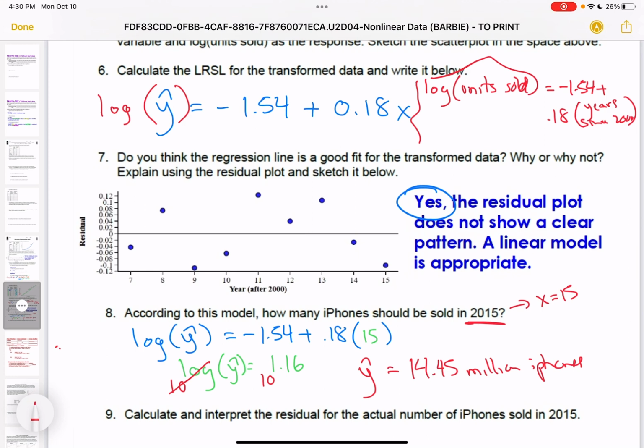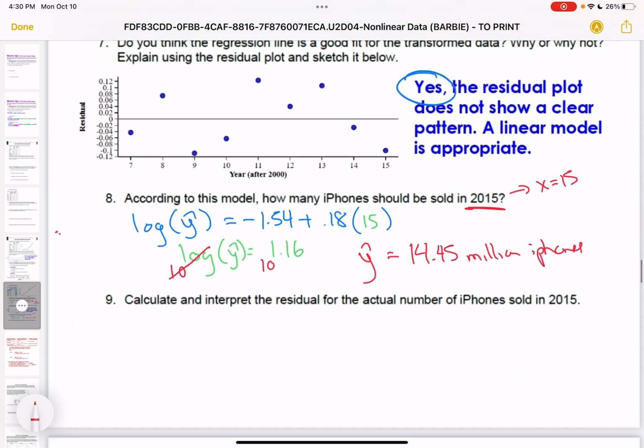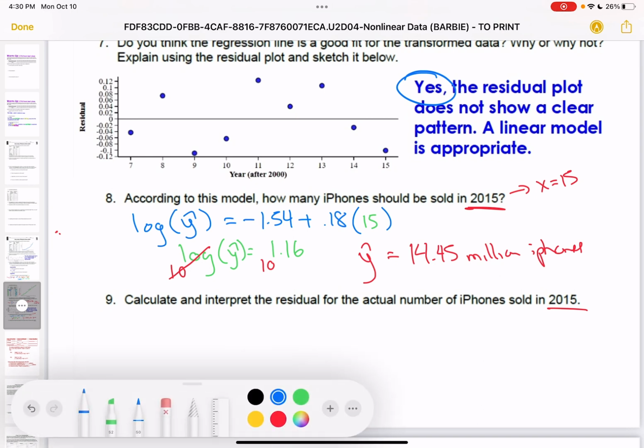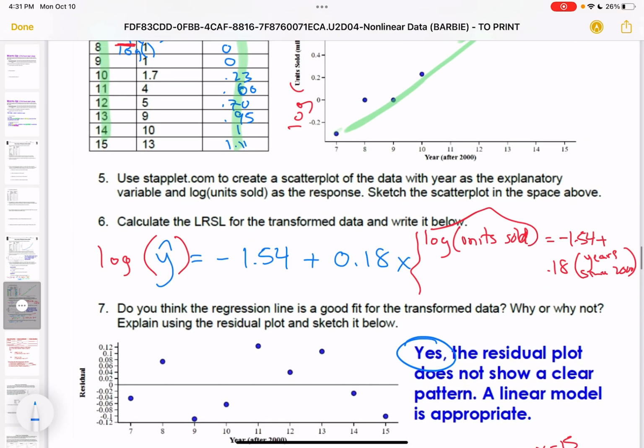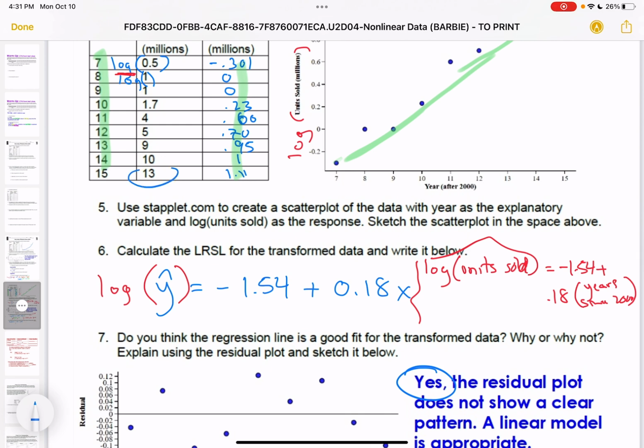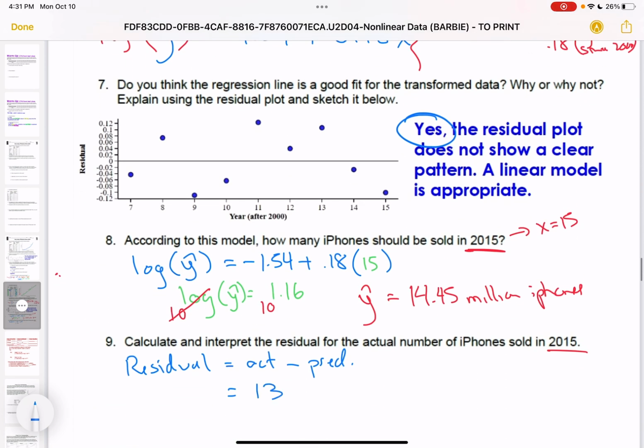The next piece is to figure out, well, then what's my residual? Calculate and interpret the residual for 2015. So if we go back to our equation, we remember that a residual is the actual minus the predicted. And so we can plug in our actual. Our actual in 2015 was 13 million iPhones. So 13 minus our predicted 14.45, which leaves us with a residual of negative 1.45.